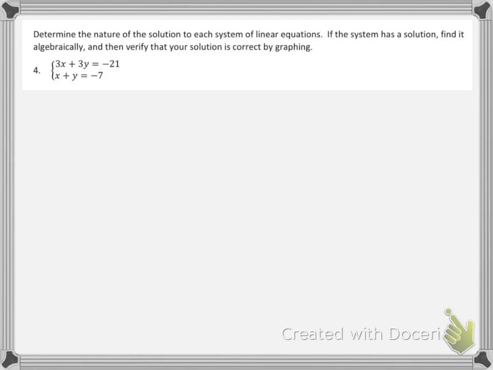So I'm going to take x plus y equals negative 7, and I'm just going to change that to slope-intercept form. So I'm going to subtract x. We get y equals negative x minus 7.